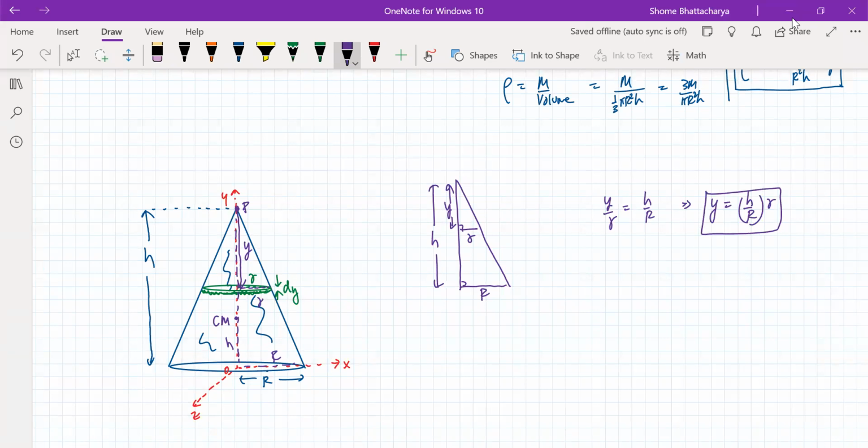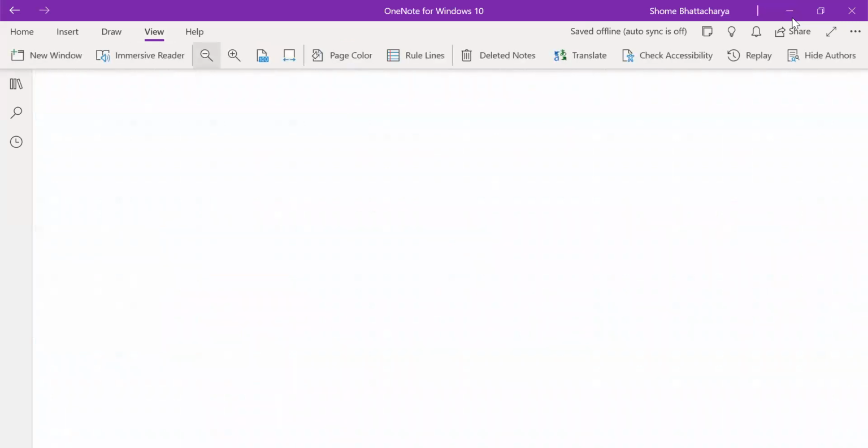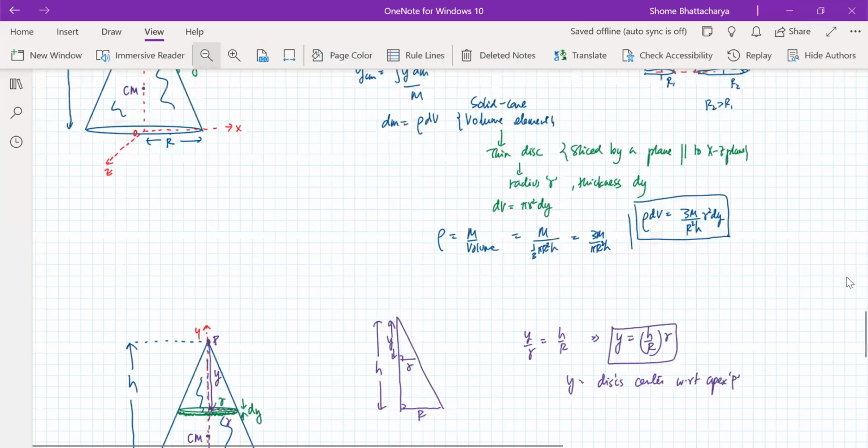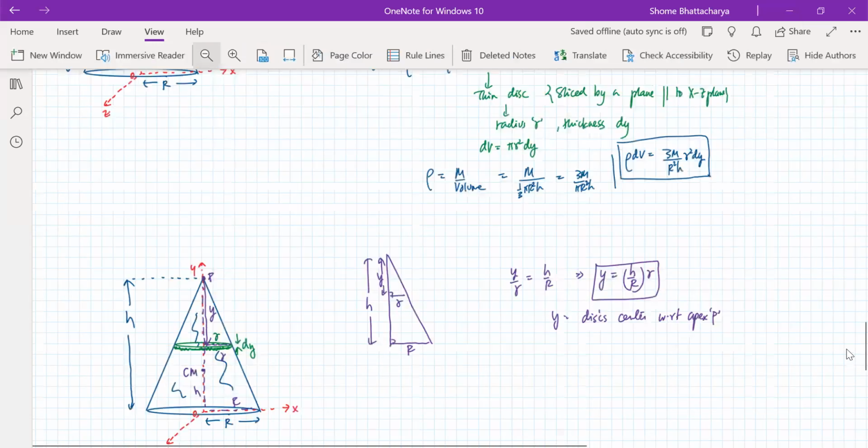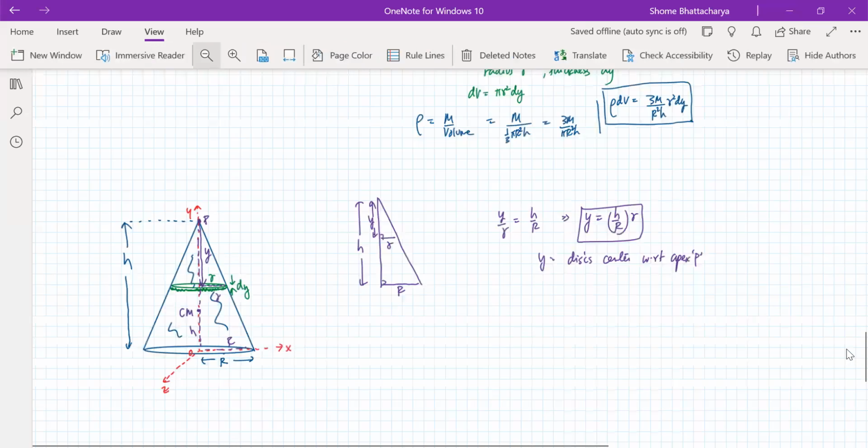But now here y is not the distance of the disk from the base. Y is the distance of the disk from the apex. It's the disk's center with respect to the apex P. So when we use this formula for the above derivation, we will get the distance of the center of mass from the apex, not from the base.